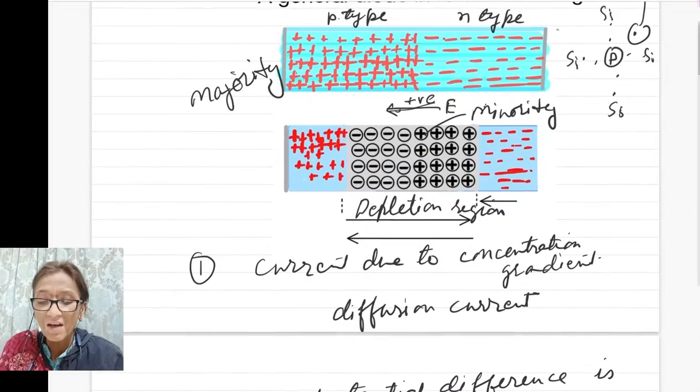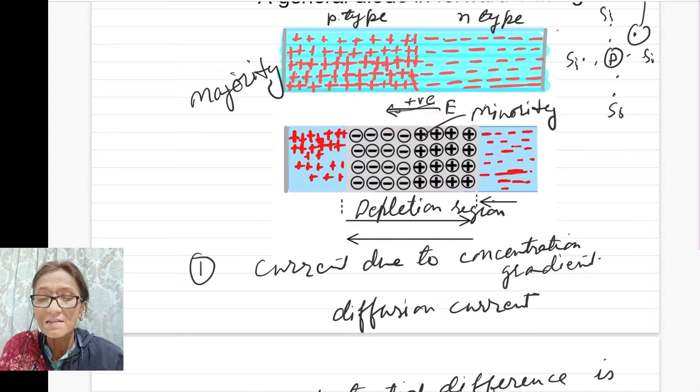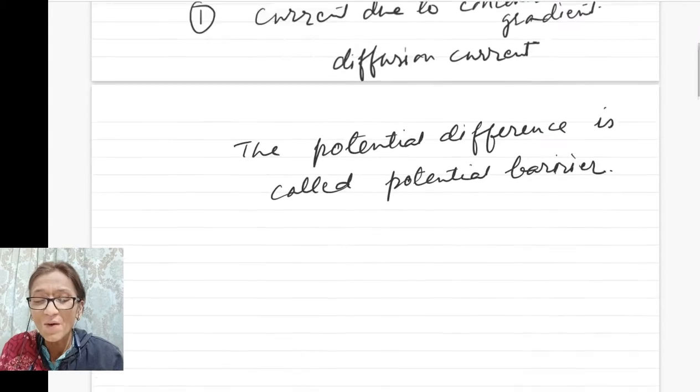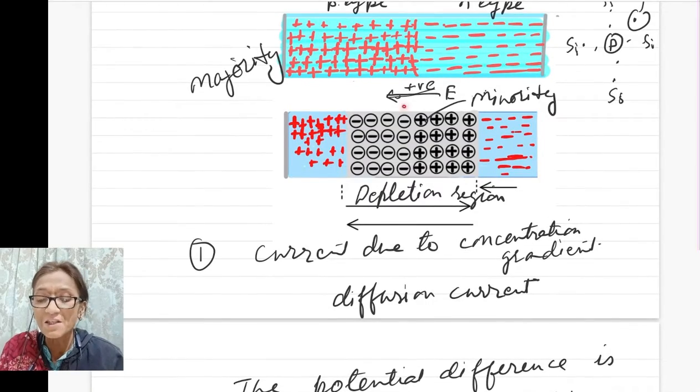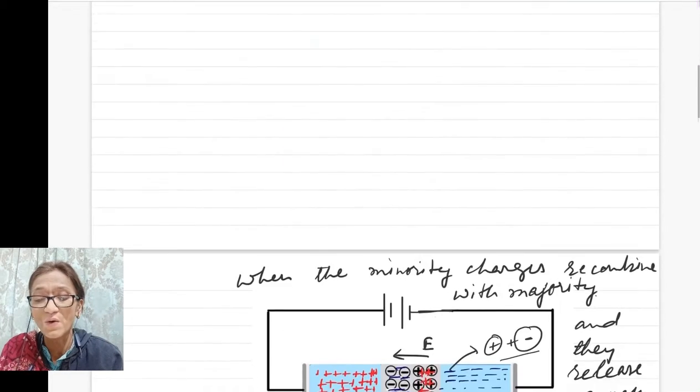So what will we have to do? There is a potential difference created of some magnitude. Now, if you apply a potential difference of the same magnitude so that the built-in potential difference is cancelled, then the charges can move from one side to another side.